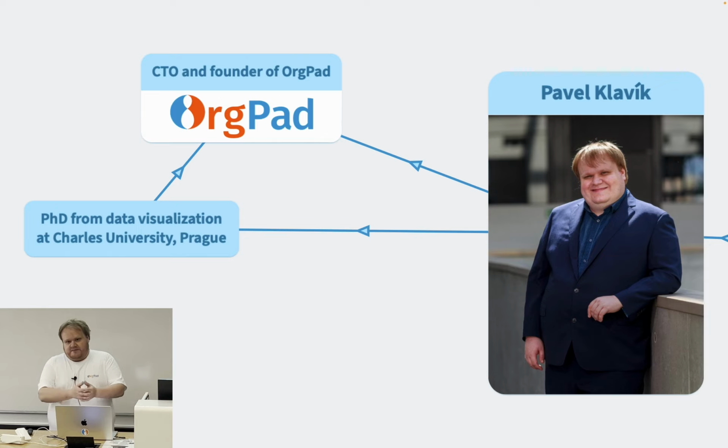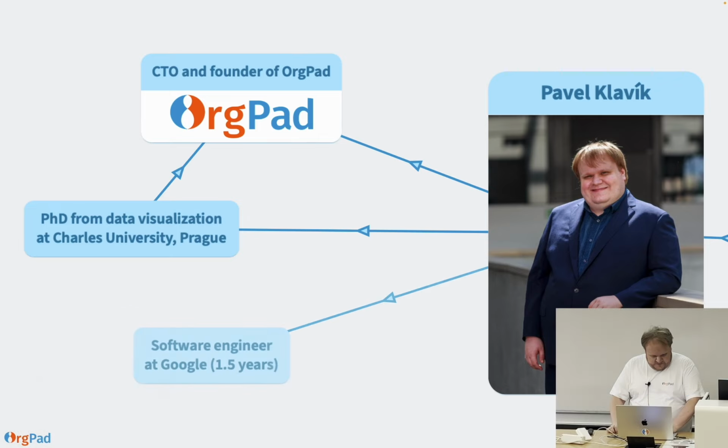Also during my studies I did a lot of teaching, which was great, since I could experiment with these ideas with students. After I finished my PhD, I moved to Zurich. For 1.5 years, I was working at Google on their search, building a knowledge graph.